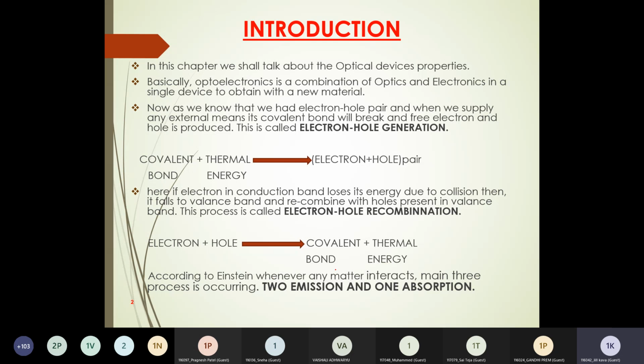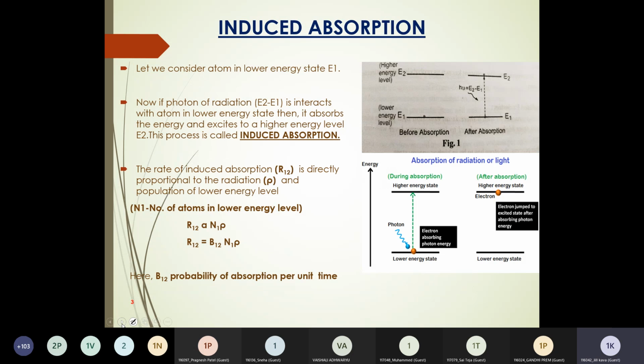Now according to Einstein, whenever any matter interacts, three processes will take place: two absorption and emission processes. From that, first we are learning induced absorption. In induced absorption, first the atom is at lower energy state, and when we supply photon radiation, it will interact with this atom, and by absorbing the energy, it will go to the higher energy state.